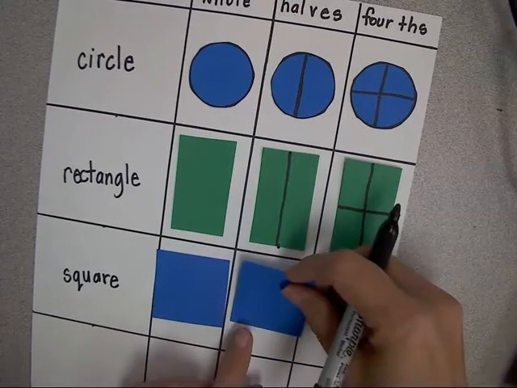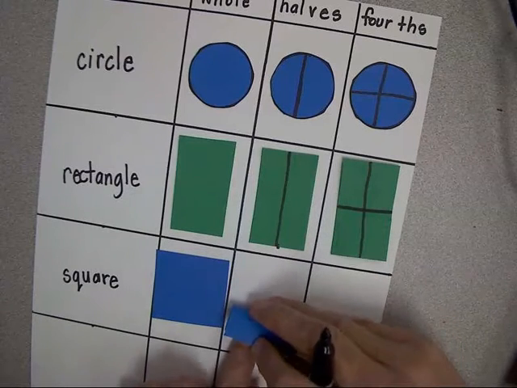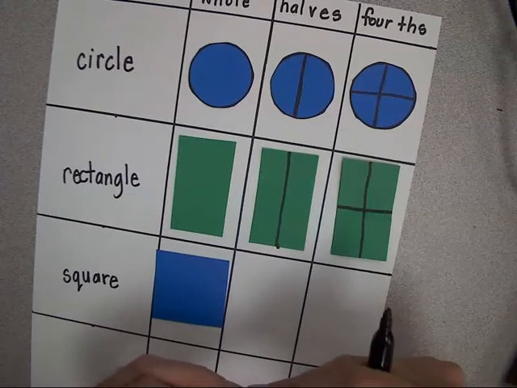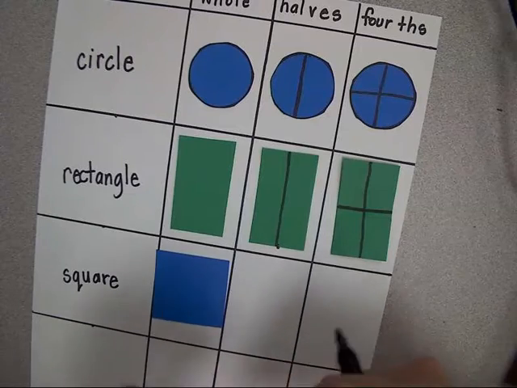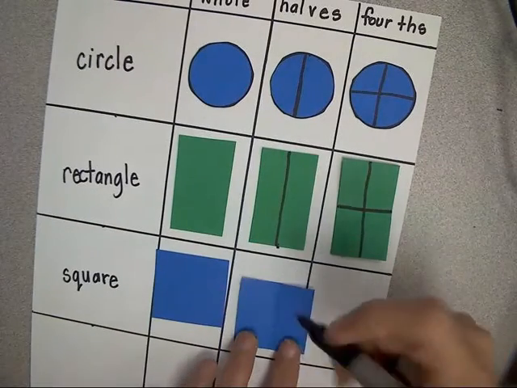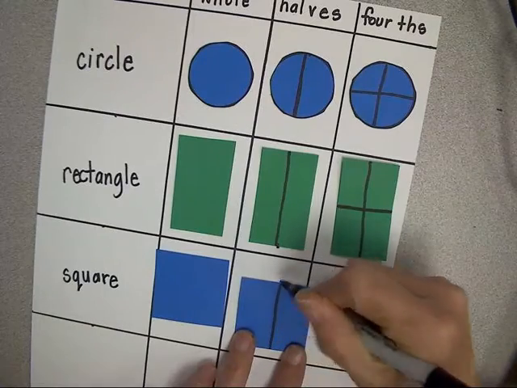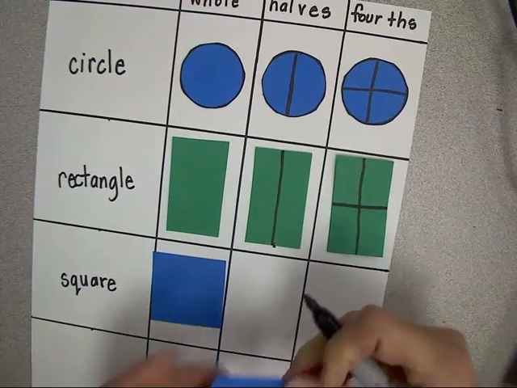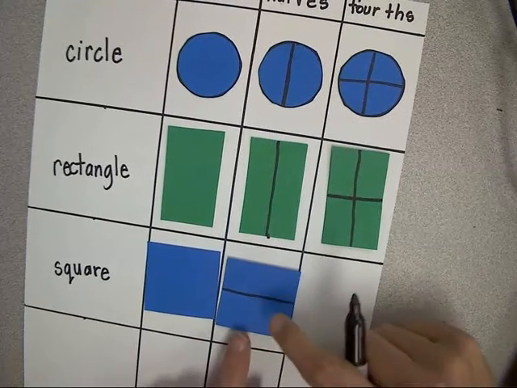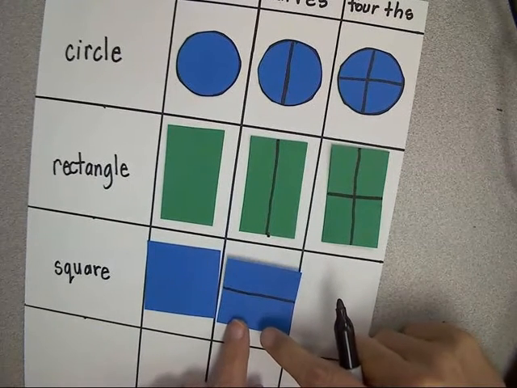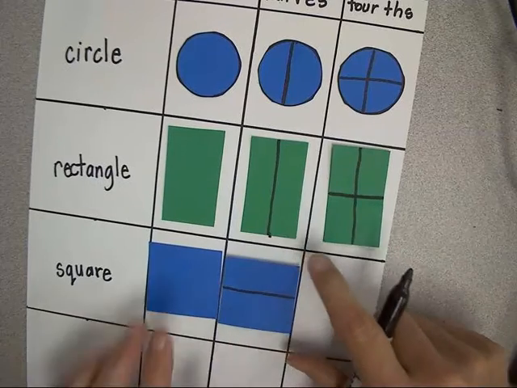Now let's look at half. I'm going to go ahead and fold this so I can be really precise here. And I'm going to draw my line at the crease. So this square is in halves. It is in 1, 2 pieces.